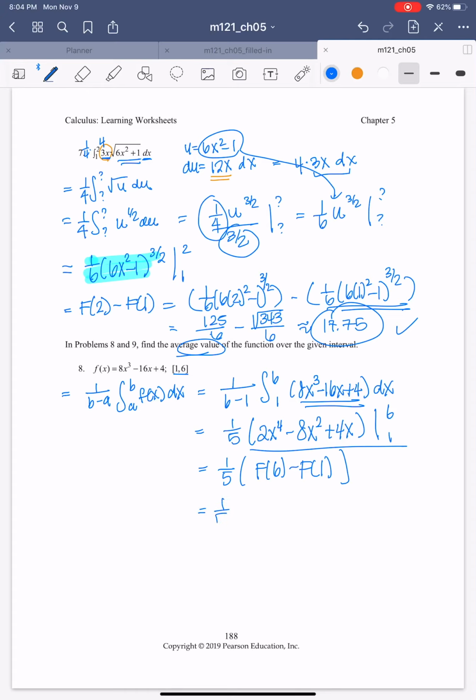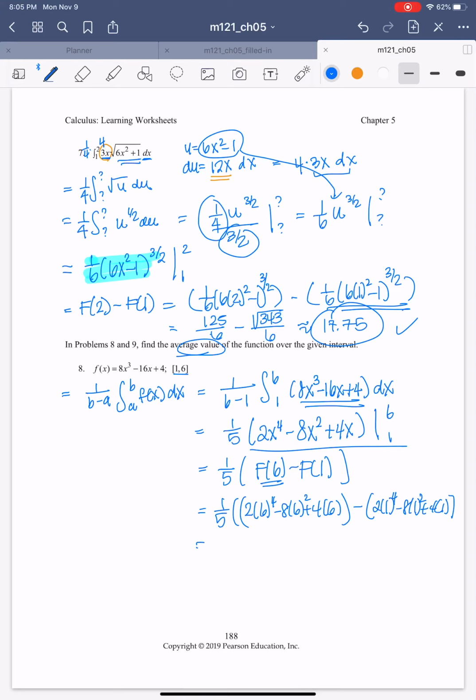So 1/5, the first part will be 2 times 6 to the 4th minus 8 times 6 squared plus 4 times 6. That will be your f of 6 minus f of 1: 2 times 1 to the 4th minus 8 times 1 squared plus 4 times 1.